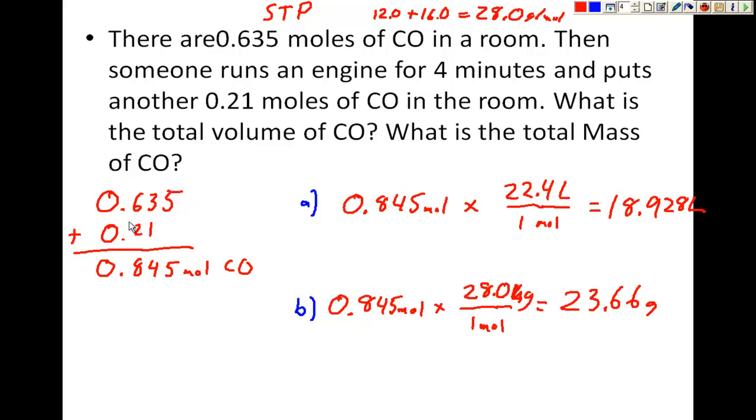So going way back at the beginning, we have our total moles right here. Now we're adding this amount of moles to this amount of moles, and we need to use our adding and subtracting rule. So I'm going to draw what I like to call my line of significance. And so this is actually 2 significant figures.